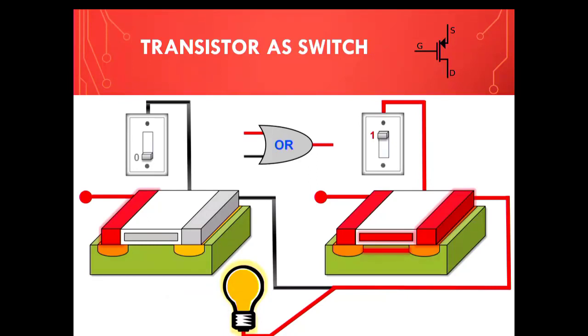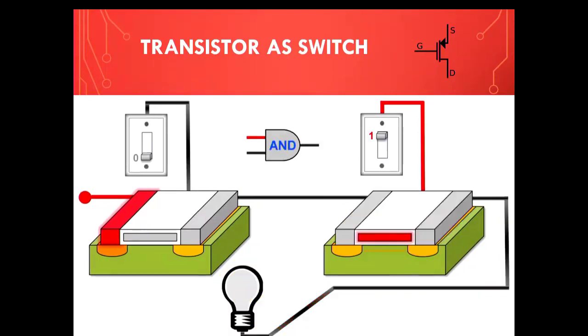Notice this switch is 0, that means the gate is not energized, and the electrons are not going to flow to the drain. But here the switch is 1, the input is energized, the gate is also energized, allowing the electrons to flow from the source to the drain, and the output is connected to the light bulb. It's actually going to light up the bulb. So for OR logic, if any of the inputs is high, it's going to create a high at the output. And this is how we create OR gates using transistors.